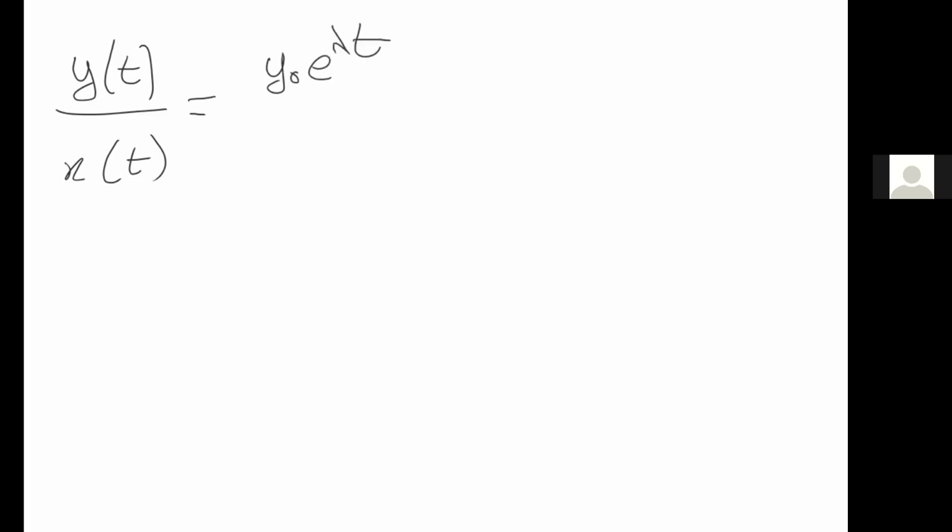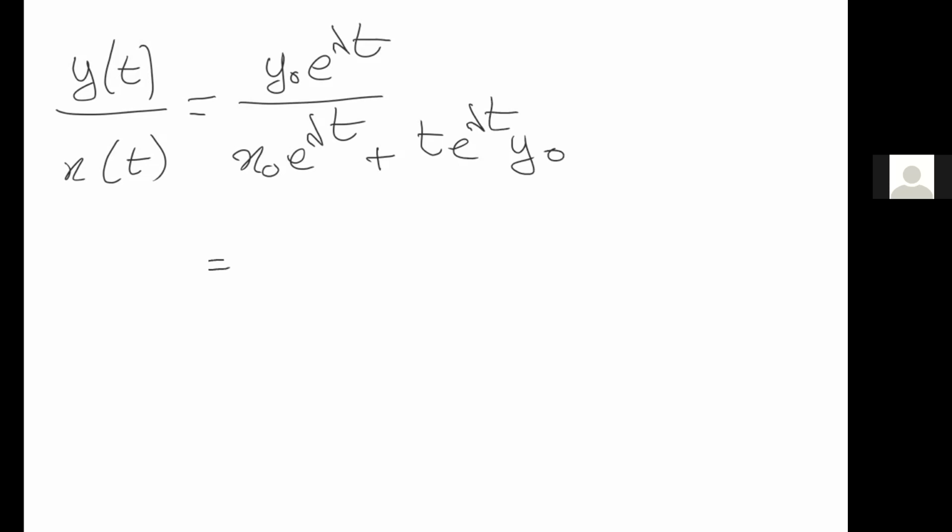To do that, it's not the first time, I can look at y of t divided by x of t. So this is y0 exponential lambda t divided by x0 exponential lambda t plus t exponential lambda t y0.